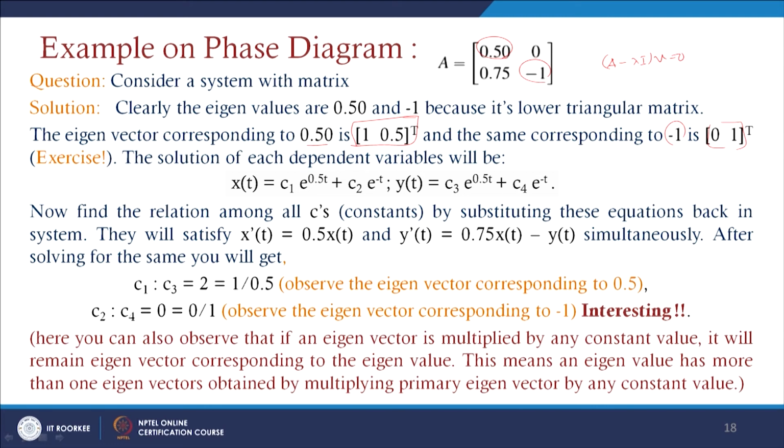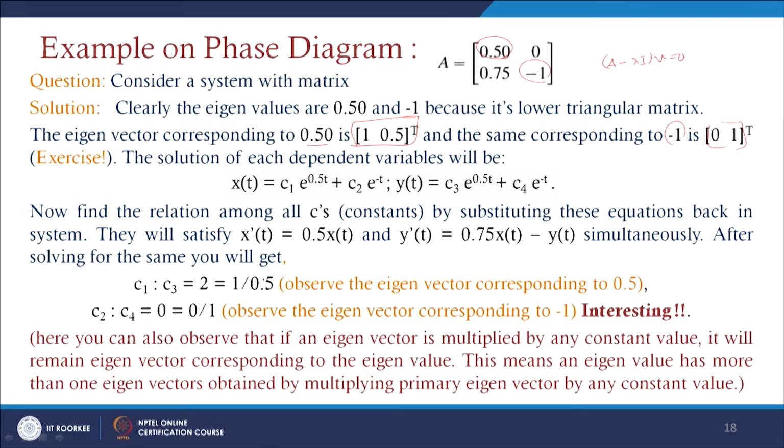then obviously you will have x dash t, which is 0.5 x of t, and y dash t, which can be written as 0.75 x of t minus y of t. After solving this, we can find that C1 by C3 is nothing but 2, the ratio of the eigenvector components, but since vectors are not divisible, we cannot write it in that form.